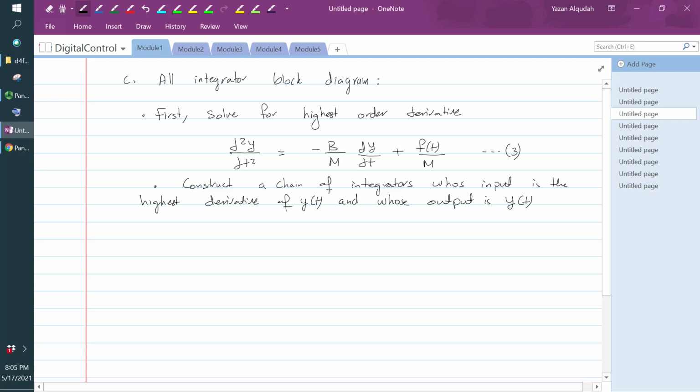In this case, the highest derivative is y double dot. Two dots means the second derivative.